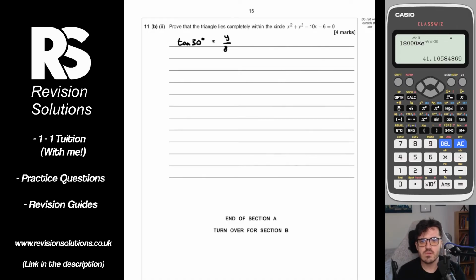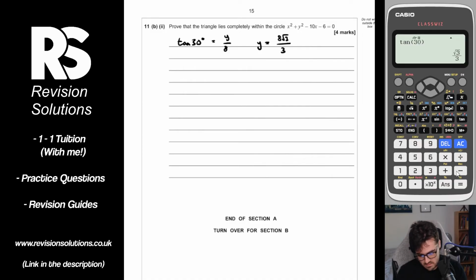Let's just quickly check what tan 30 is. Tan 30 is root 3 on 3. So y would be 8 times root 3 on 3, so 8 root 3 over 3. Cool.